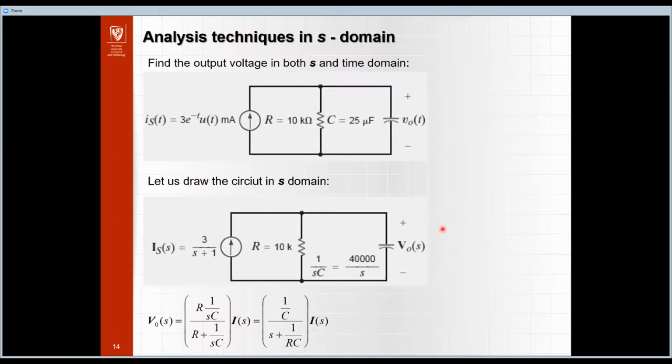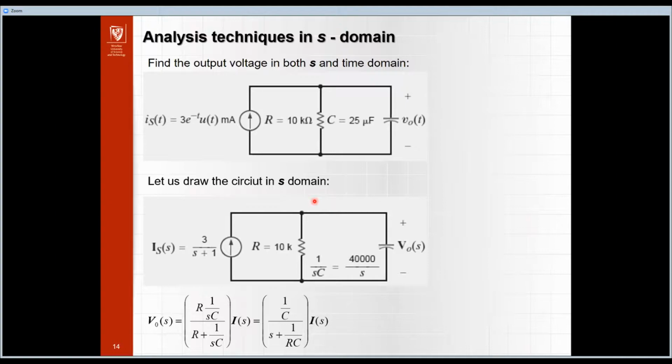Okay, and now we can solve using the known methods for circuit analysis, but in the S domain. We have here just a current source, and we should calculate the voltage here. This voltage is just the current multiplied by this value, the resistor and capacitor connected together. We know that the resistor and capacitor are connected in parallel in this circuit.